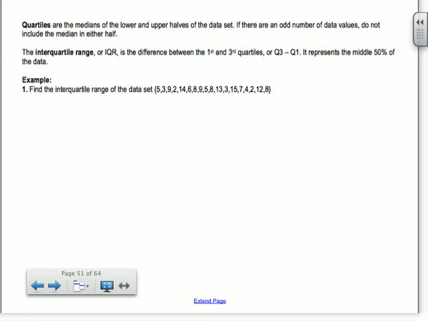Okay, number 1 says find the interquartile range of the data set. First we need to put everything in order, which is kind of annoying. So let's see, we have 2 2s, 2 3s, 1 4, 2 5s, 6, 7, 3 8s.